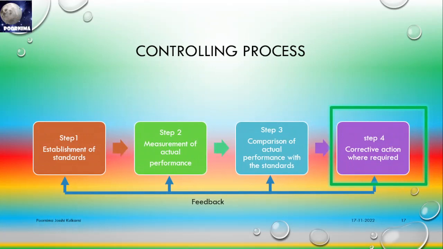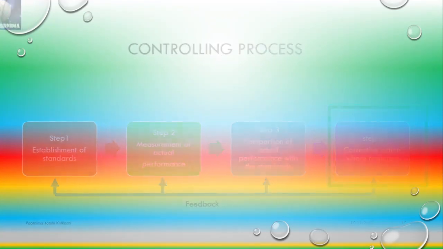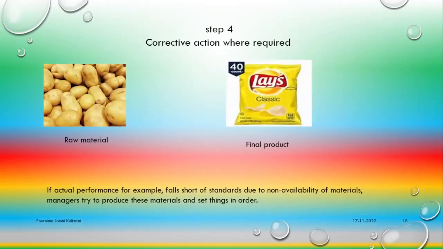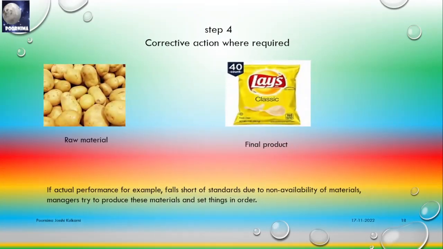Last step of the controlling process is corrective action where required. After comparing the actual performance with the standard, if there is a variation between the actual performance and the standard, then the manager must correct that variation. How? See, in this example, the raw material is potato. Final product is chips.